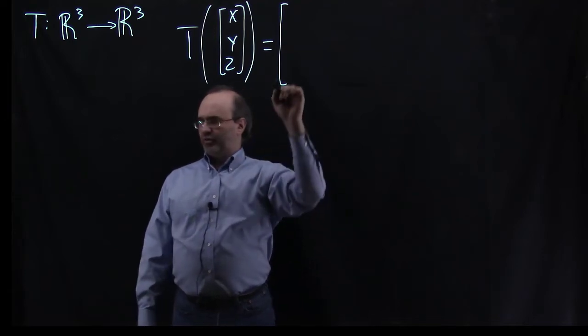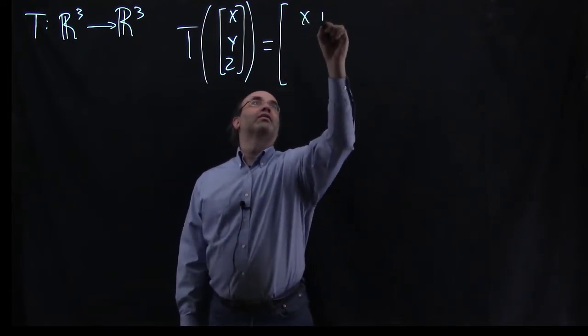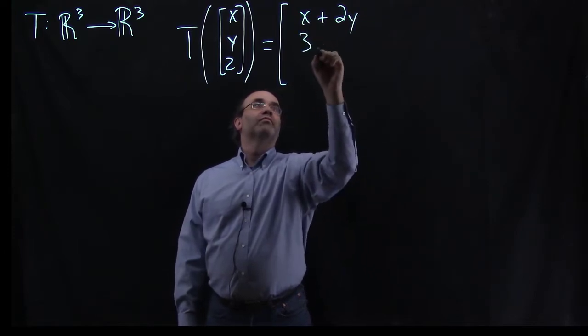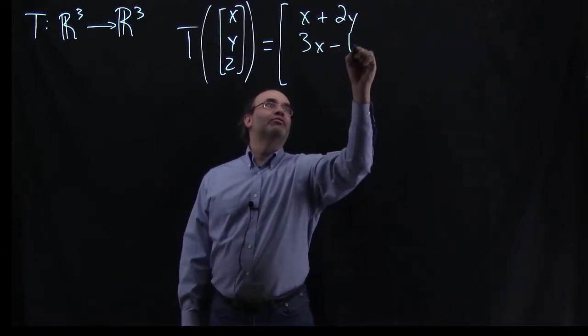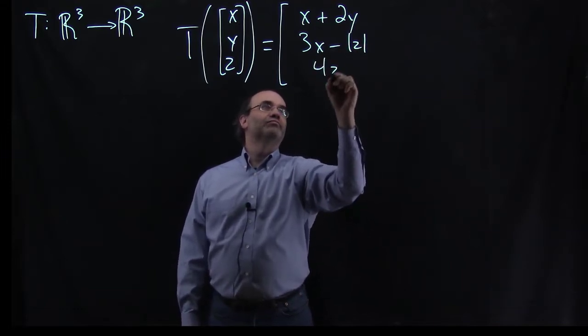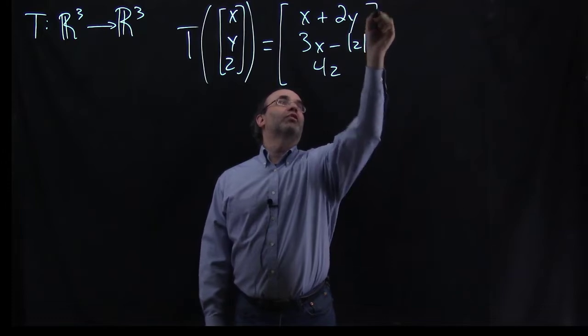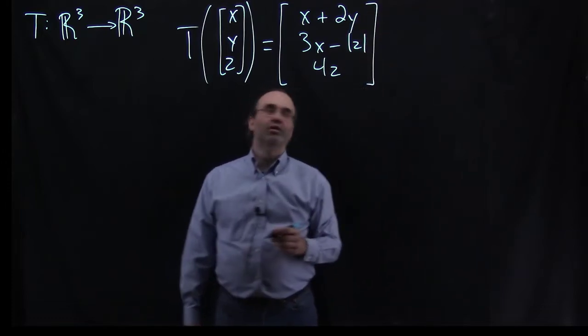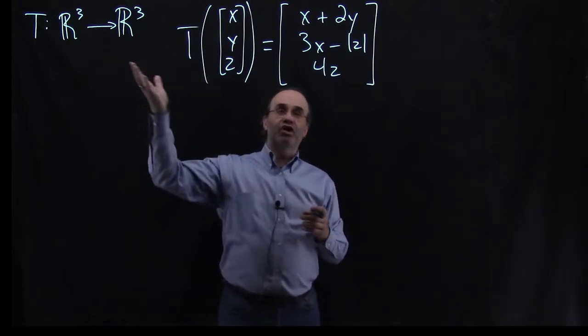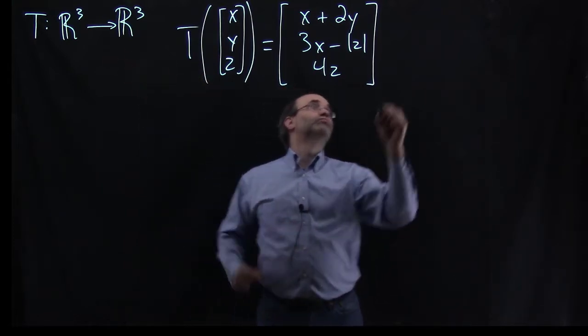So let's say we take x plus 2y, 3x minus absolute value of z, and 4z, for instance. Okay, and the question is, is this function a linear transformation?